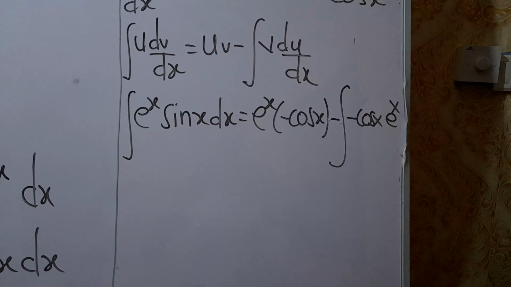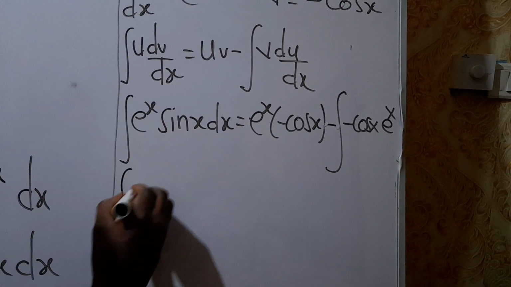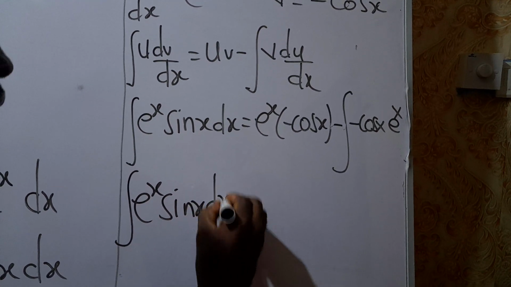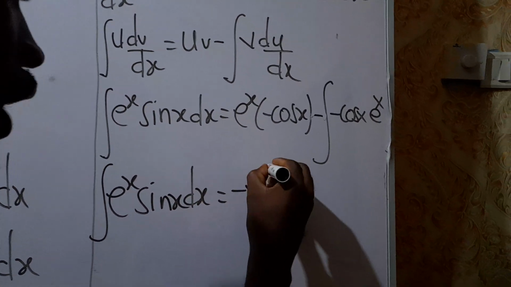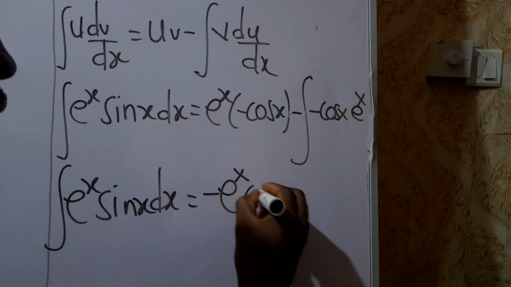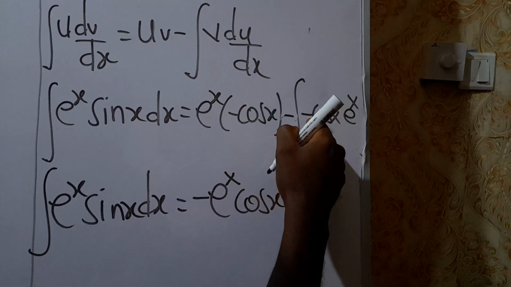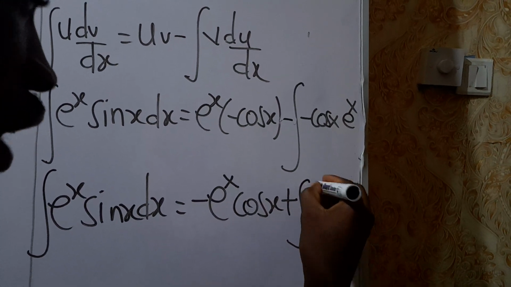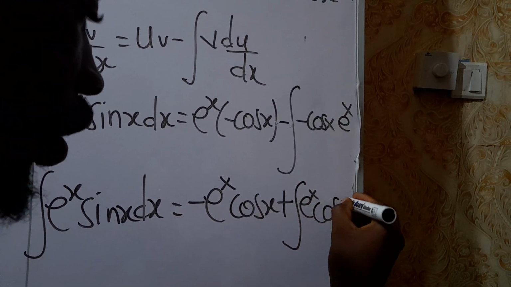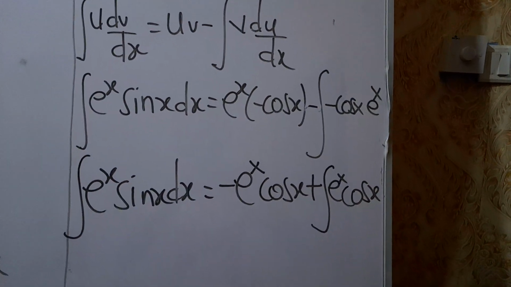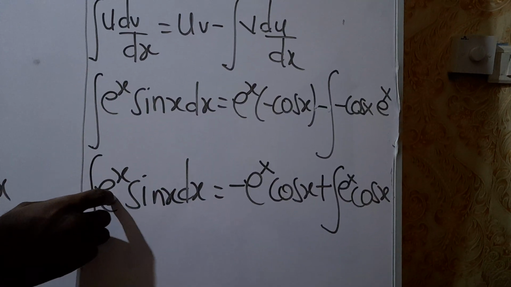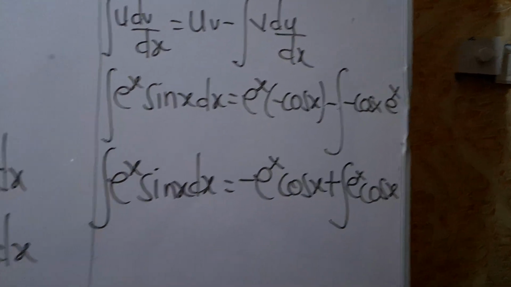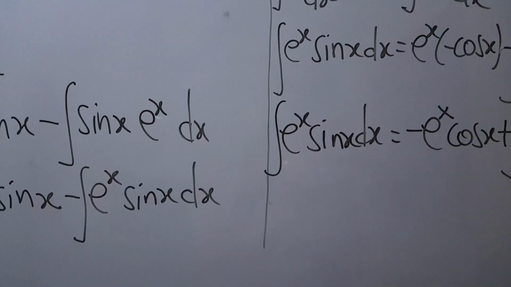So on polishing this further, we can say that the integral of e exponent x sin x dx will be equal to negative e exponent x cos x, then this negative times this negative will give you positive, so plus the integral of e exponent x cos x dx. So now we know that the integral of e exponent x sin x dx is this. We now substitute in place of the integral of e exponent x sin x dx.